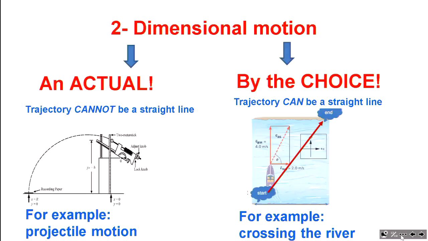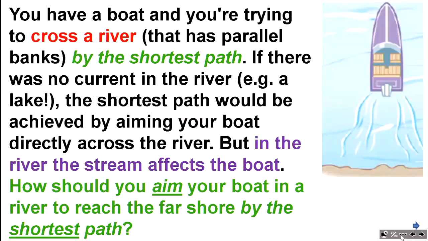However, it turns out in many situations, to understand what's happening, we can pretend that this motion is actually two-dimensional. We can select two axes conveniently. One is parallel to the shore, so parallel to the stream, and the second is perpendicular. And in that case, when we use vector components, all calculations become very, very clear and simple.